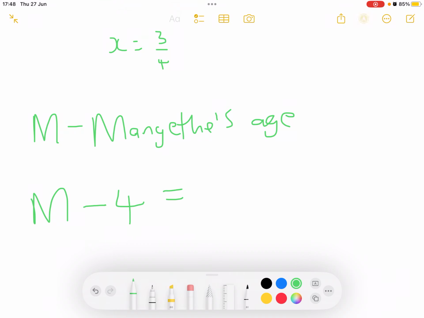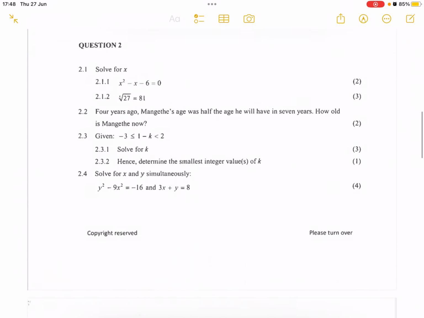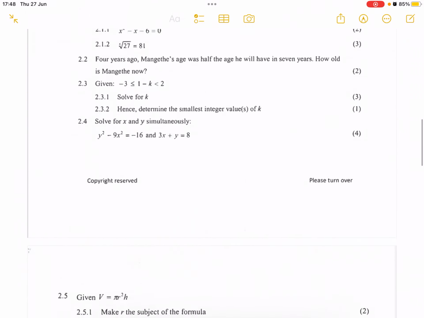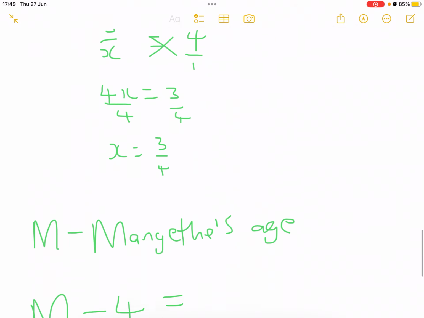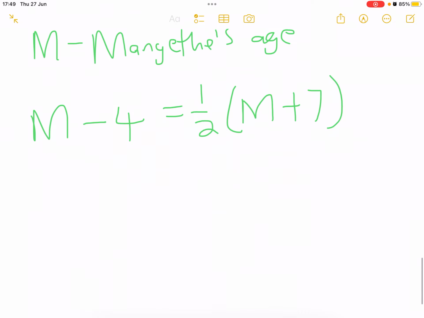It would be half the age he will have in 7 years, so it would be half of Mangete's age plus 7 years to come. Then you simply solve for m as Mangete's age.